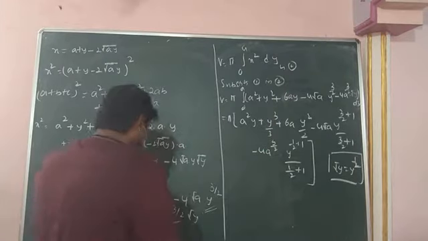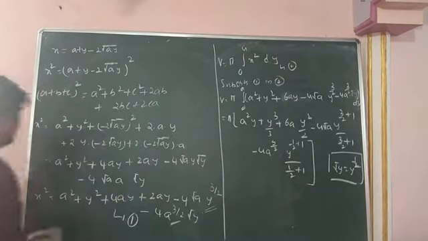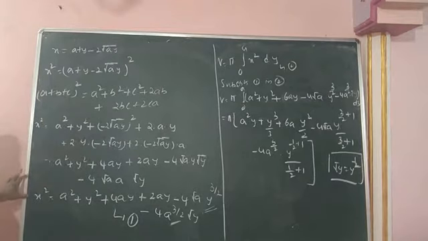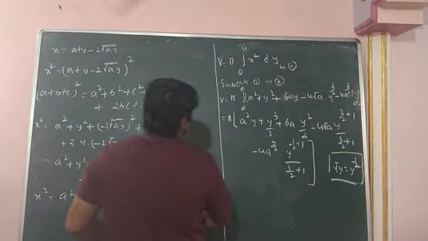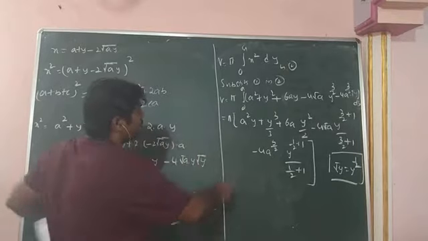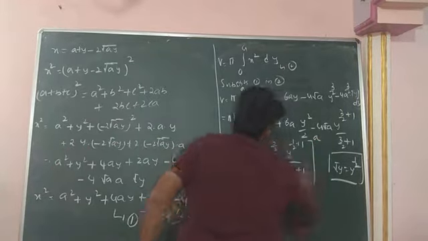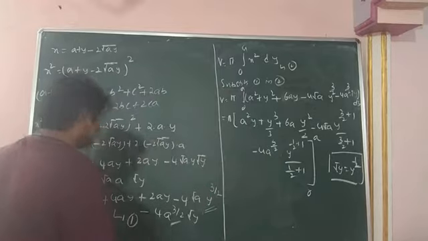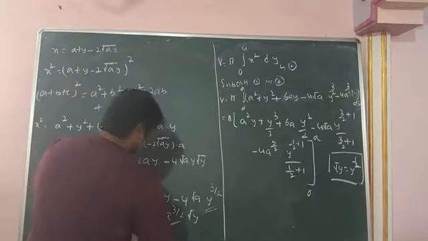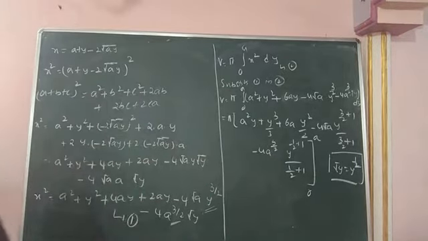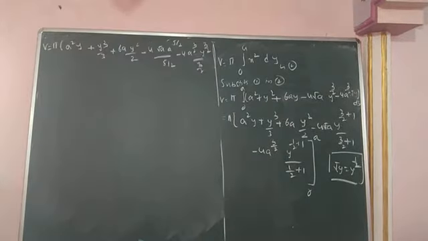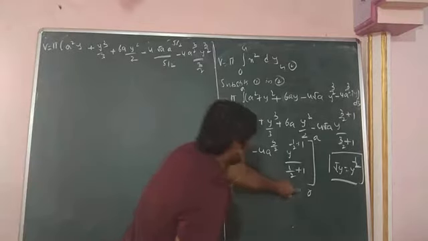So therefore, we find that x square. After that, we substitute this x square in that equation and we do the integration. The integration limits are 0 to a. So here the lower limit value equal to 0.